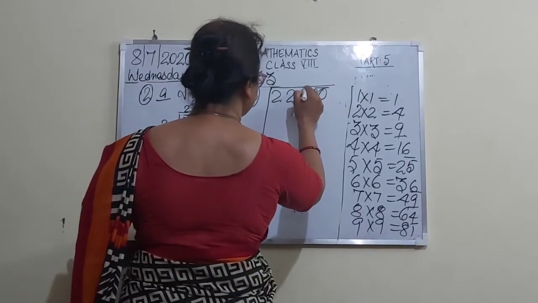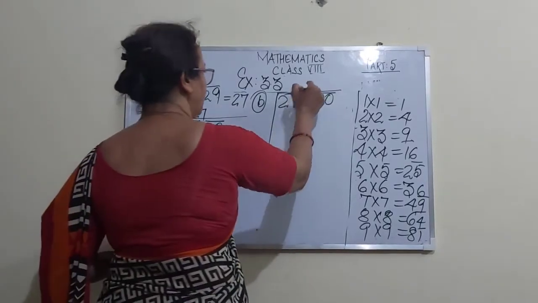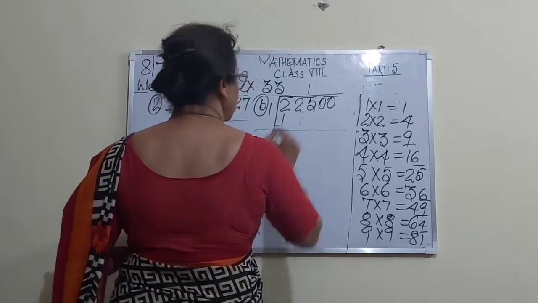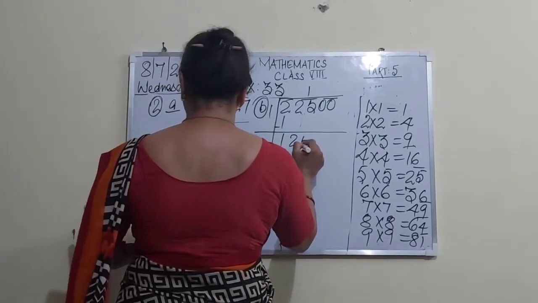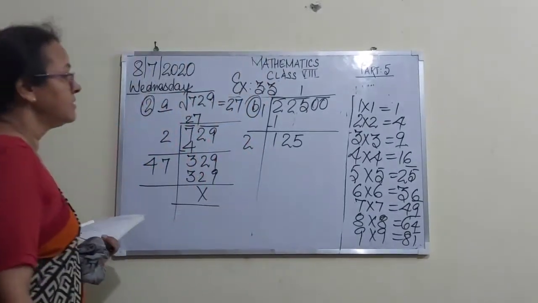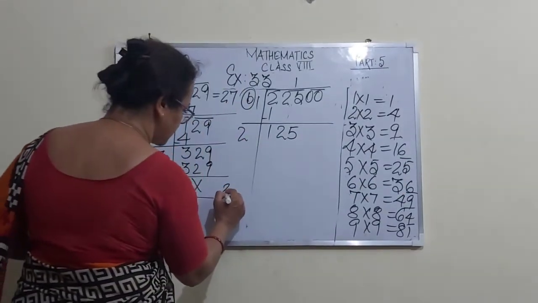Again, groups of 2, 2, 2. What will it be? 1 1s are 1. Minus 1. 1 into 2 is 2. What do I have to note down? 25. That's right. So 25, 5. This is 5. And I am multiplying 2 with 5.